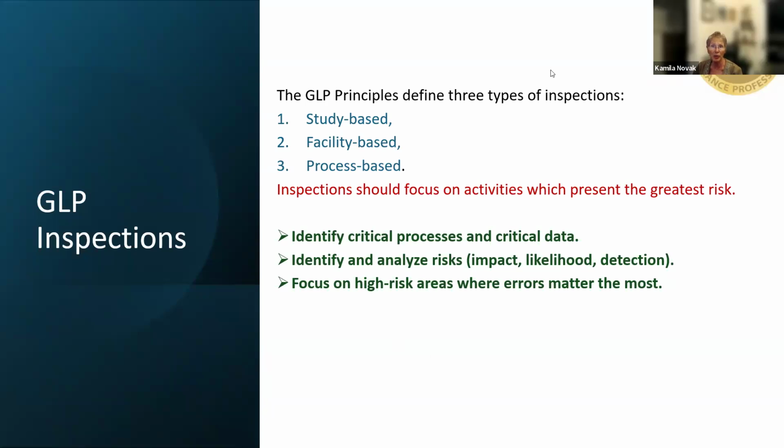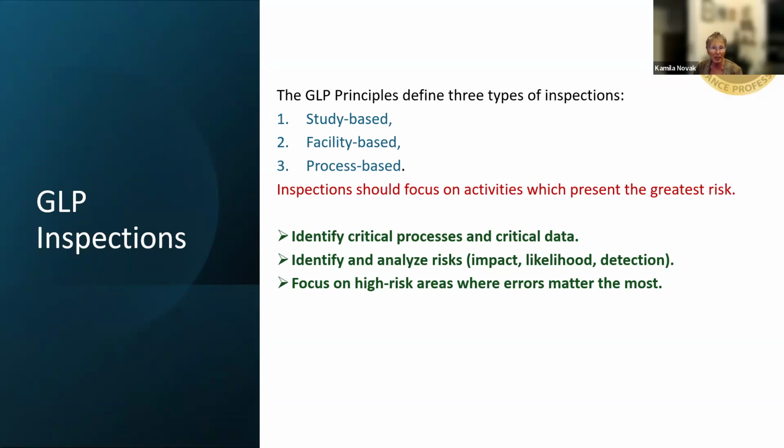We follow a certain process from start to end to see whether there are gaps, whether it works as we expected or as we assessed, and give us perhaps some hints for improvements and for identifying potential gaps that can produce non-conformities. And inspections should focus on activities which present the greatest risk.